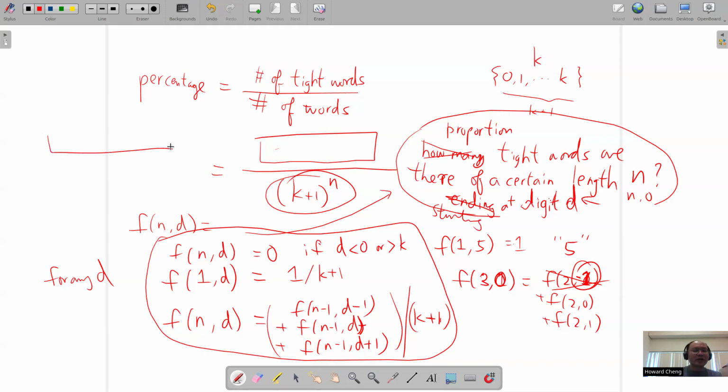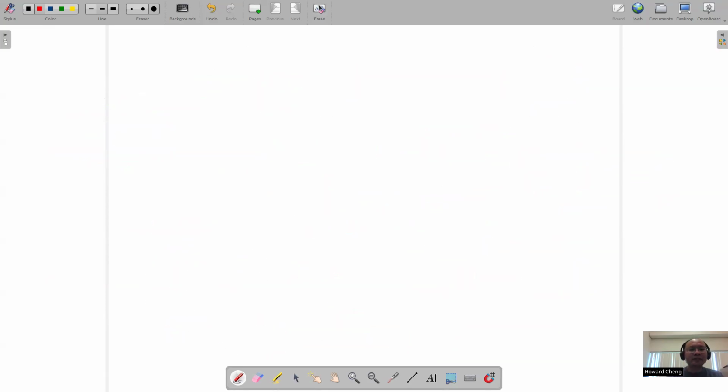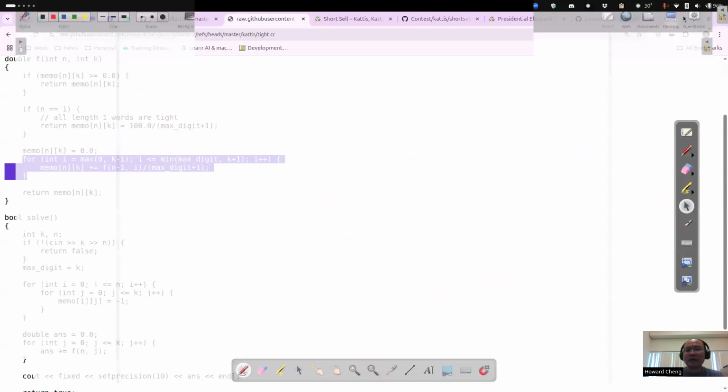And then you would say, okay, if I want to know all the words of length n that start at digit D, well, basically you have to attach it to words of n minus 1 digits that start at digit D minus 1, D, or D plus 1, and so on. And you basically run the recursion the same way. Okay, so that's that one.